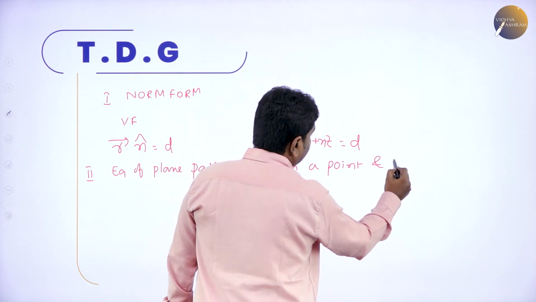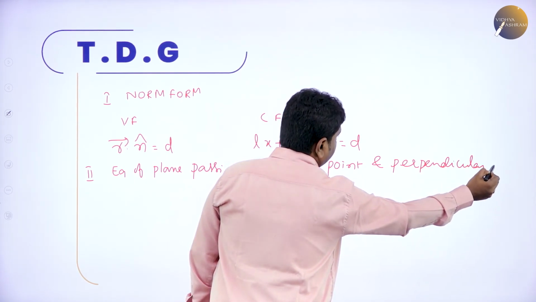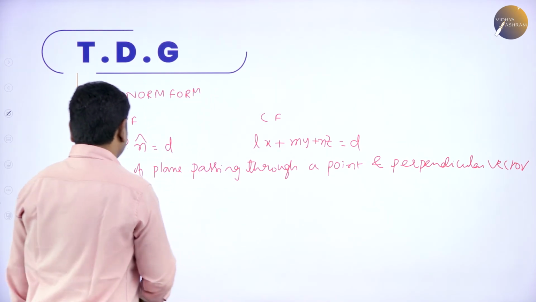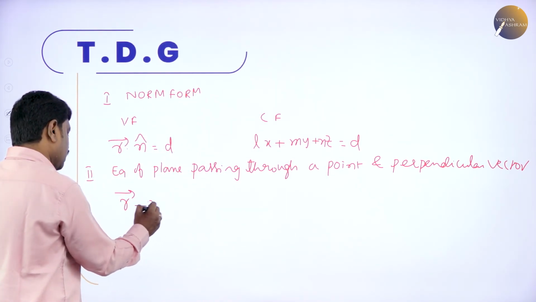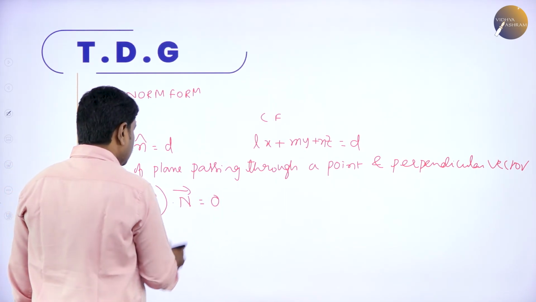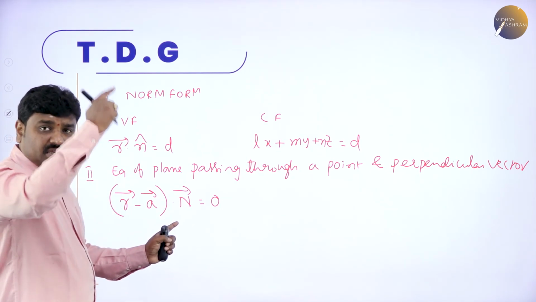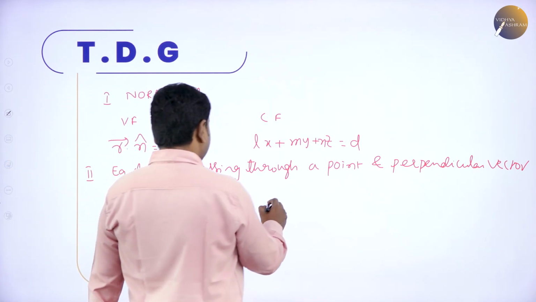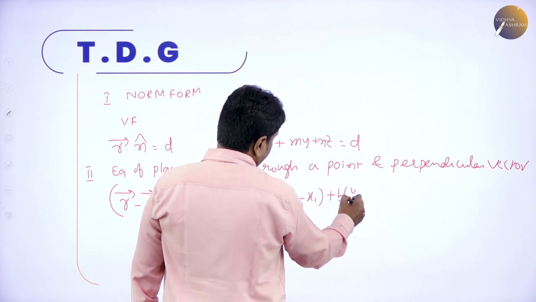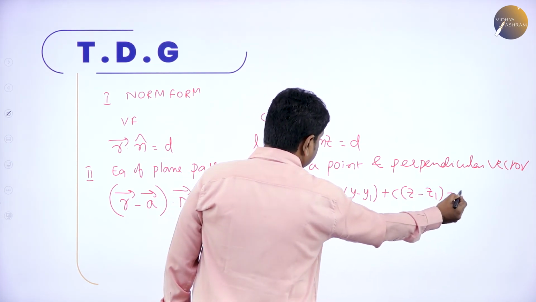Vector form: we used this today, r minus vector a dot vector n is equal to 0, where vector a is the position vector of the point in the plane and vector n is the perpendicular vector to the plane. And for the same, Cartesian form is a into x minus x1 plus b into y minus y1 plus c into z minus z1 is equal to 0.